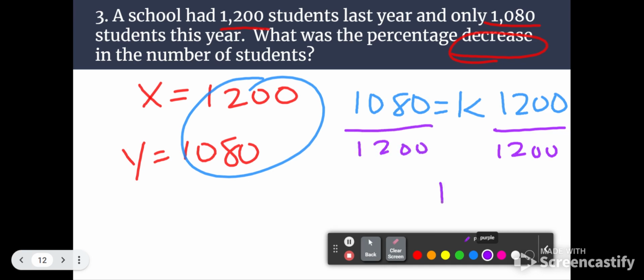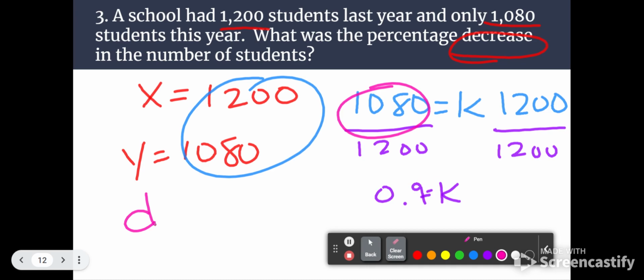And we get K is 0.9. That means this amount is 90% of the original. It did not decrease 90%. It's 90% of the original amount, so the decrease is 10%.